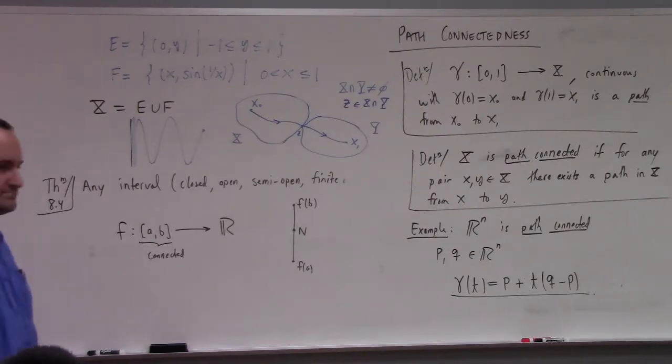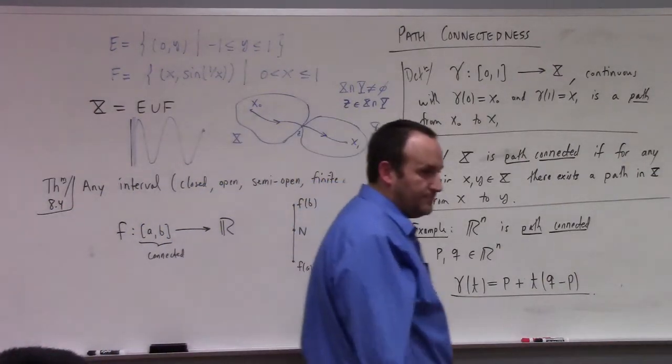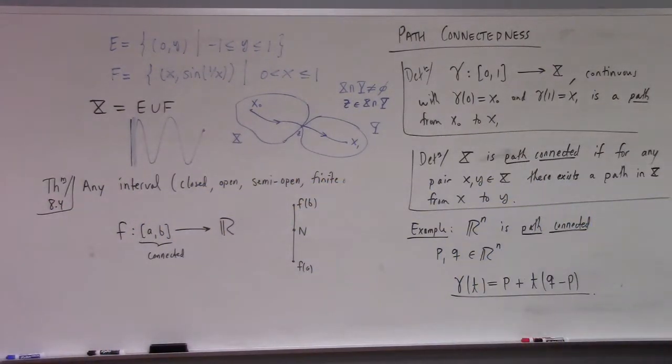Just for simplicity's sake, can we define a path to be a continuous mapping from any closed interval on the reals to the space? That way you don't have to go through the whole 2t from 0 to 1 half type thing. Well, you could prove a lemma that if there's a path from A to B, A less than B, that implies that there exists a path from 0 to 1, and then you could use that lemma, I suppose.